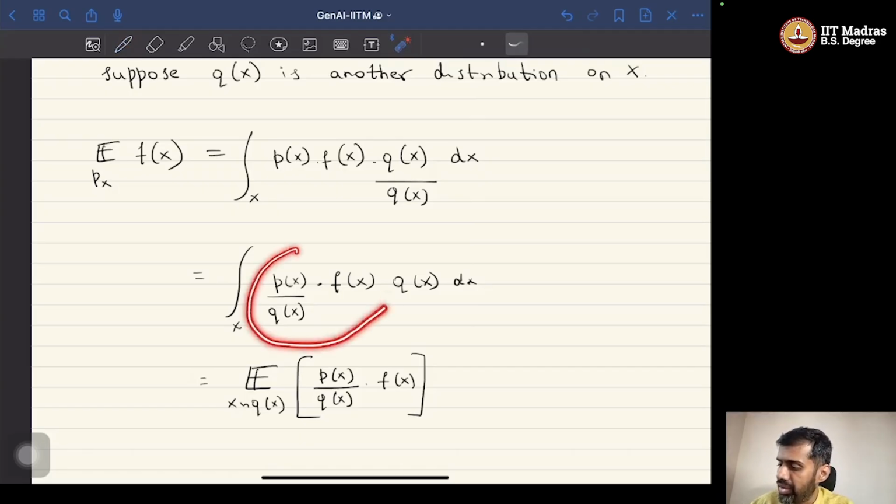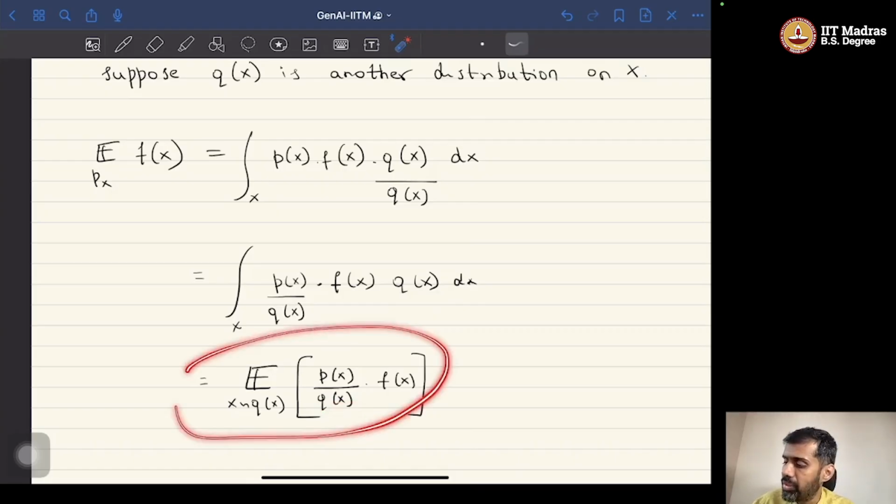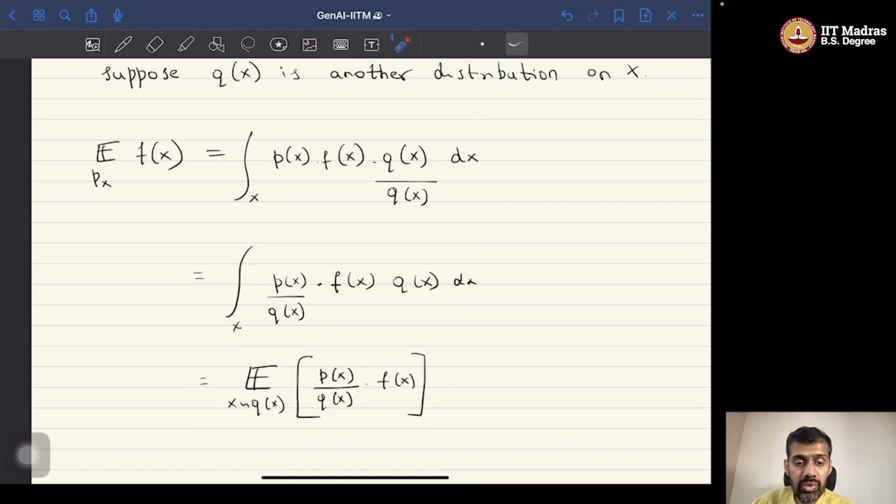Whatever we have here can be represented as a function, and qx is the underlying distribution with respect to which we are computing the expectation. Therefore, this entire thing would be now the expectation of f of x times the ratio of these two densities, and this expectation is now with respect to qx instead of px.